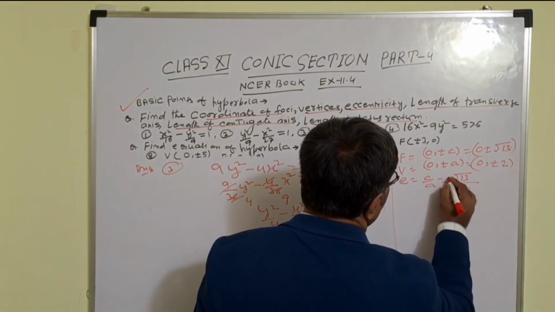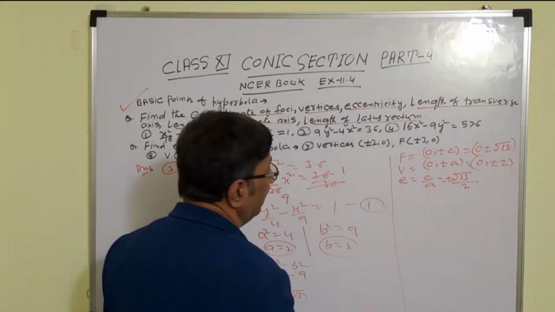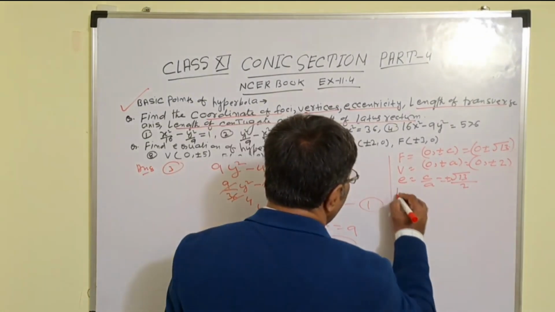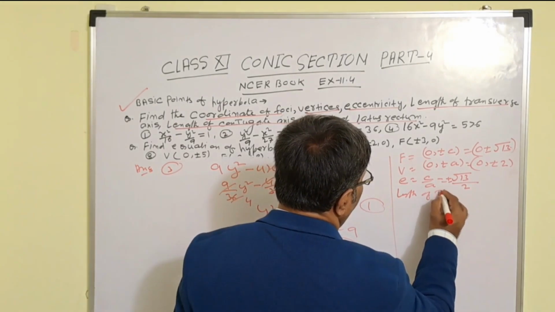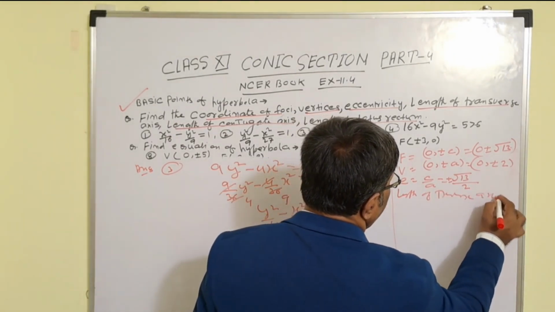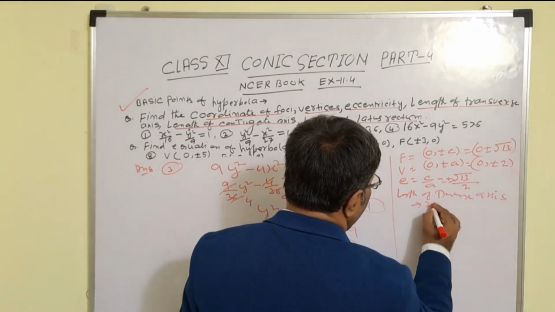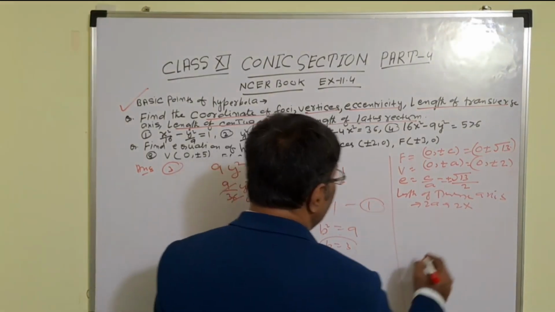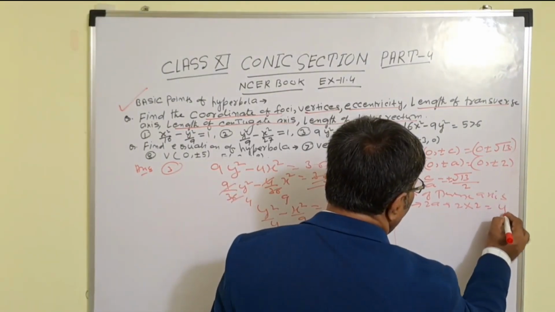So e is root under 13 by 2. Then we find the length of the transverse axis, which is 2a. A is given 2, so 2 into 2, 4.